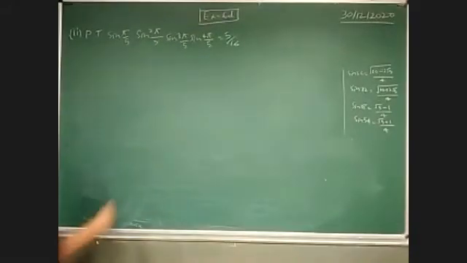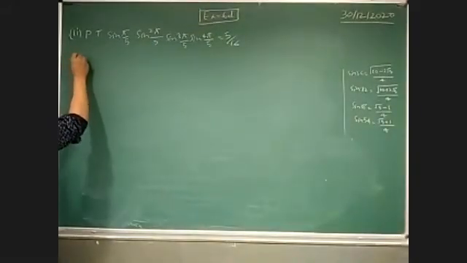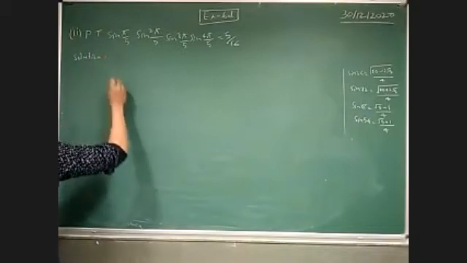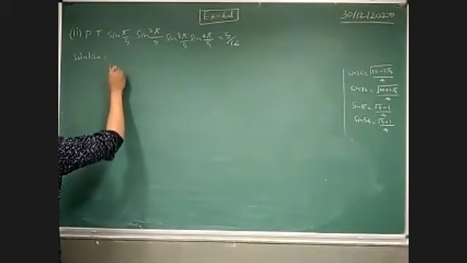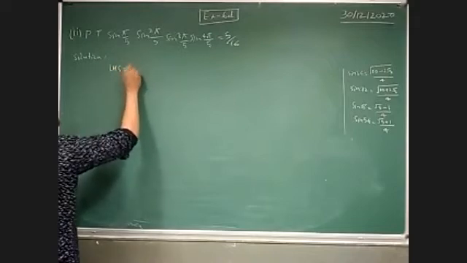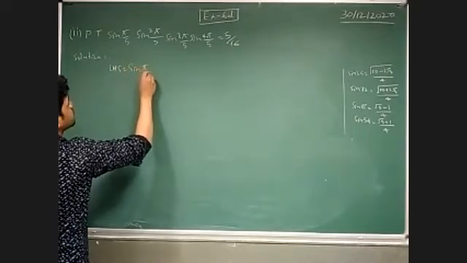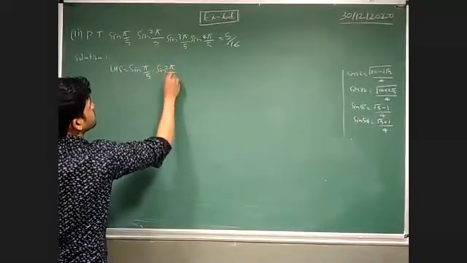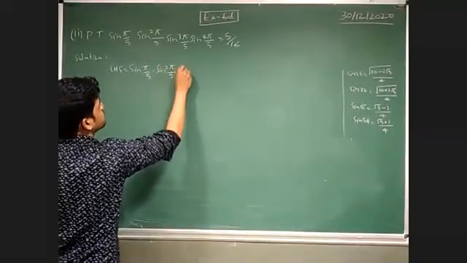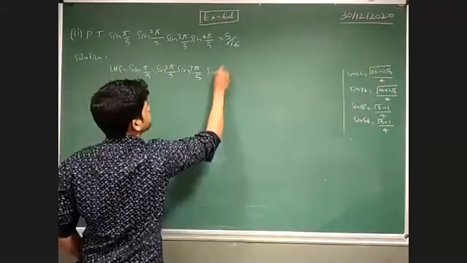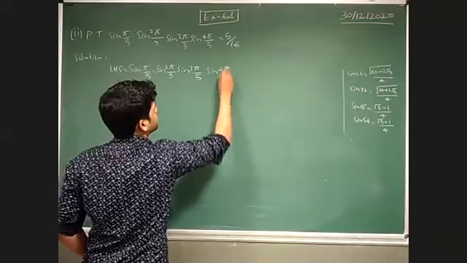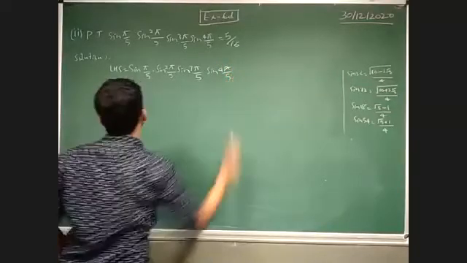Okay, this is the question. So here we have to prove. The solution will be: left hand side, that is sine pi/5 into sine 2pi/5 into sine 3pi/5 into sine 4pi/5.